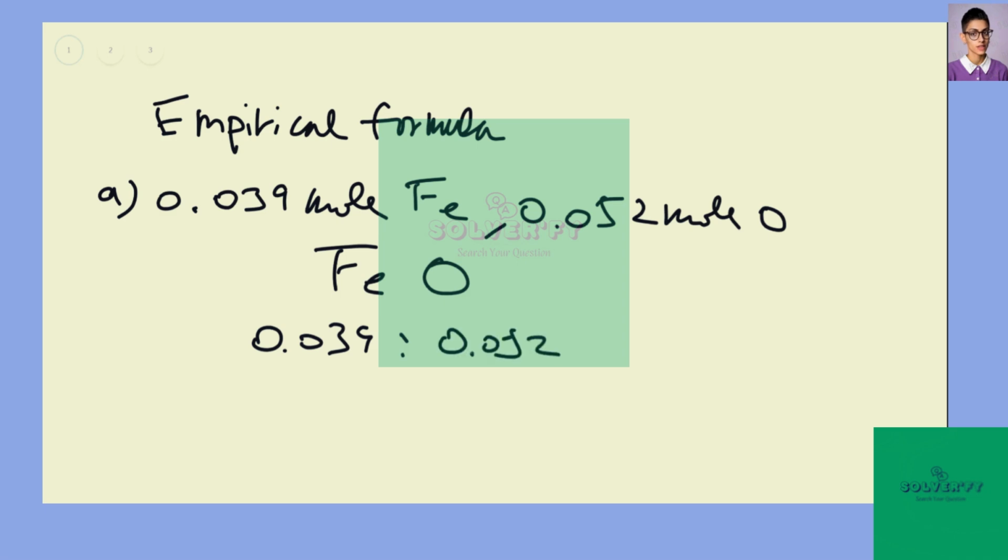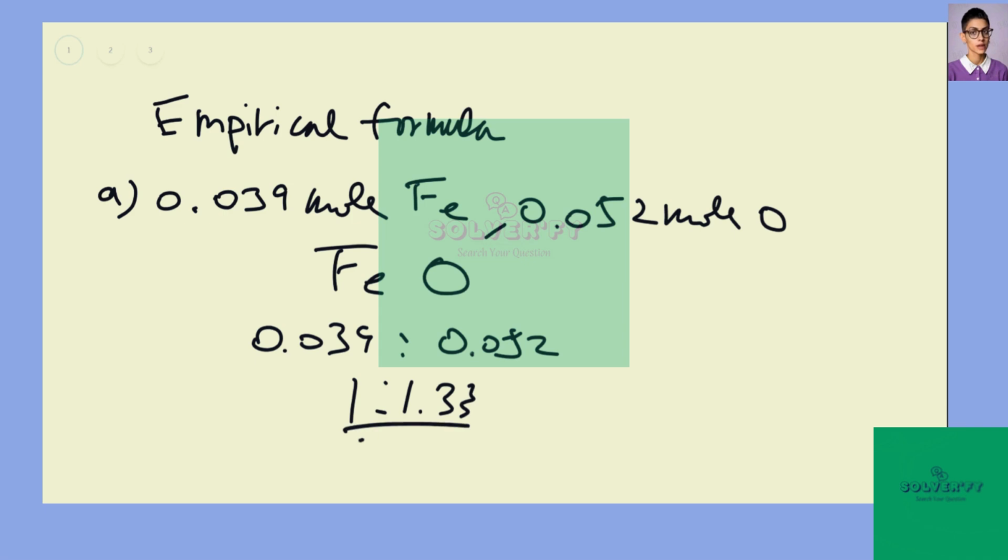So we can see a ratio over here. We just need to divide the whole ratio by the smallest number, and we should find roughly 1.33. Again, we must have a whole number; we can't have a fraction in our formula.